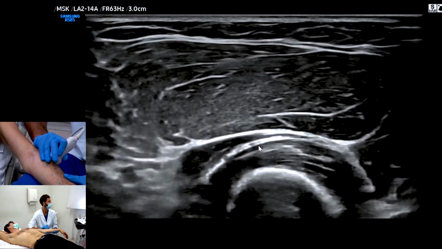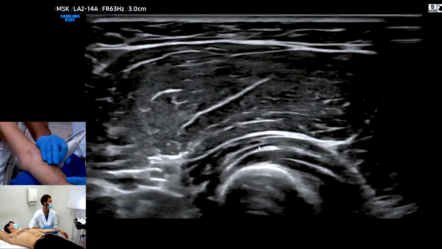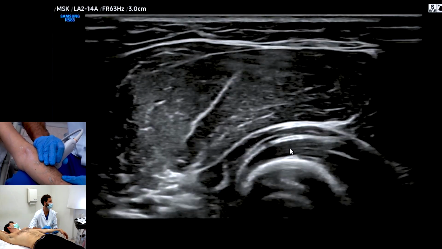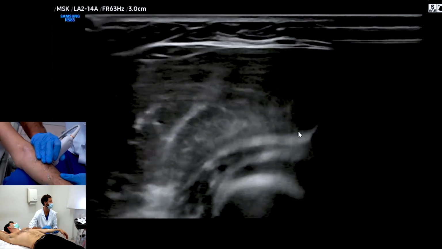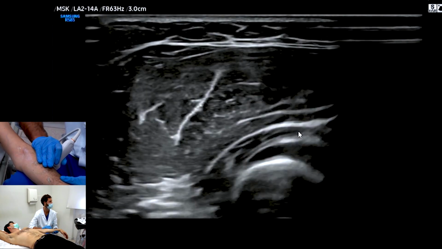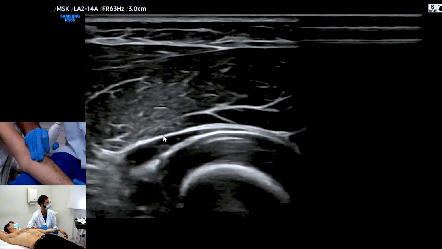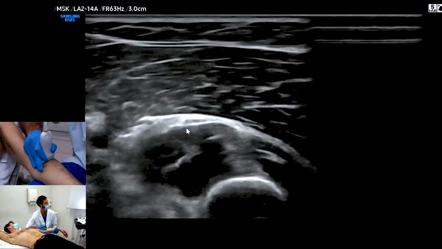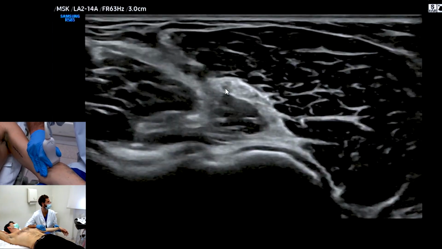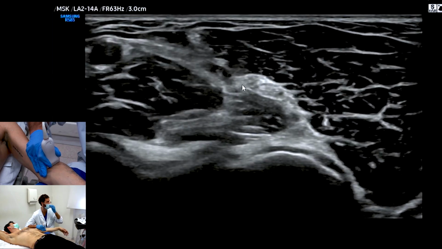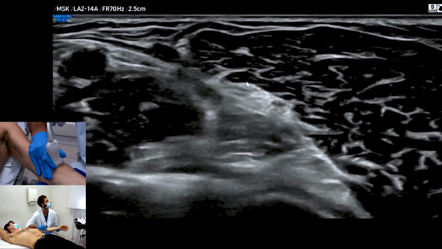Then the posterior interosseous nerve travels in the posterior compartment, where it provides innervation to all the extensor muscles. If we go back to the bifurcation of the radial nerve, at this level, we can now follow the superficial branch, which is instead a sensory branch.